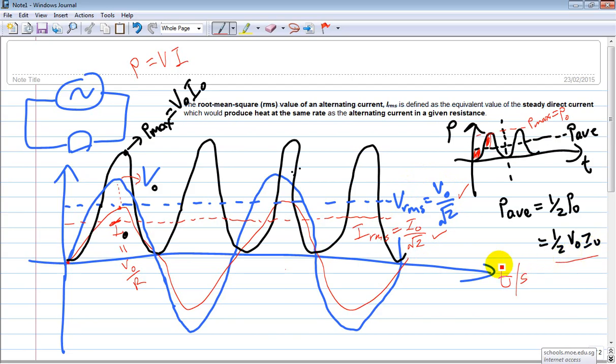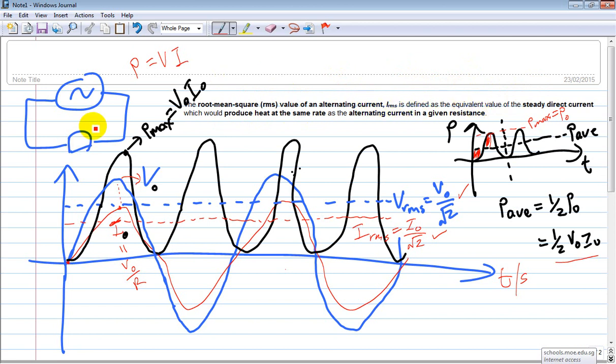And that's why it leads to the definition of IRMS. The root mean square value of an alternating current is defined as the equivalent value of steady direct current that will produce the heat at the same rate as the alternating current in a given resistance.